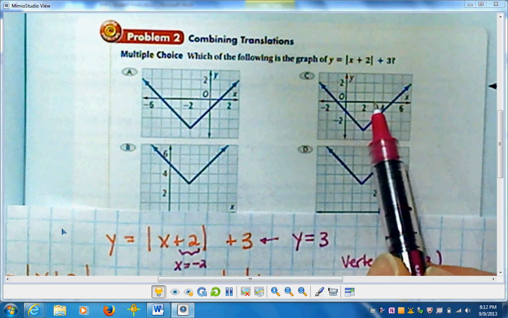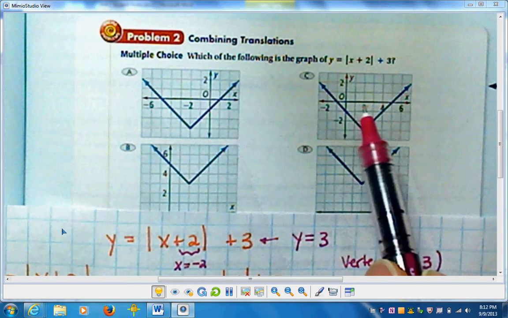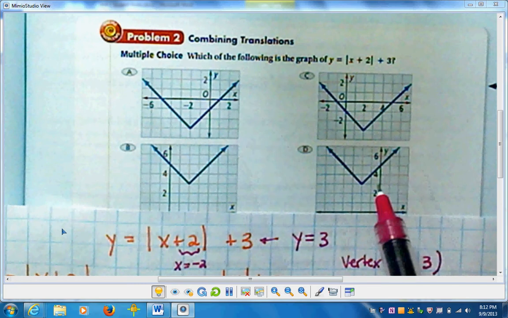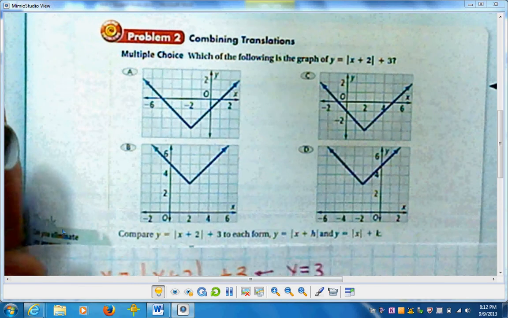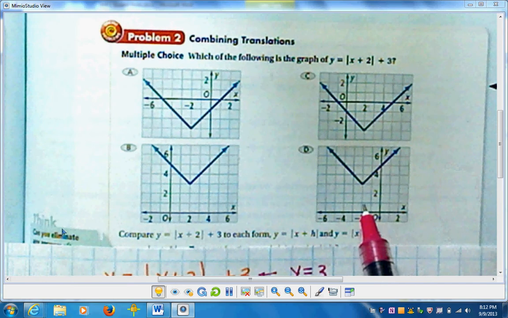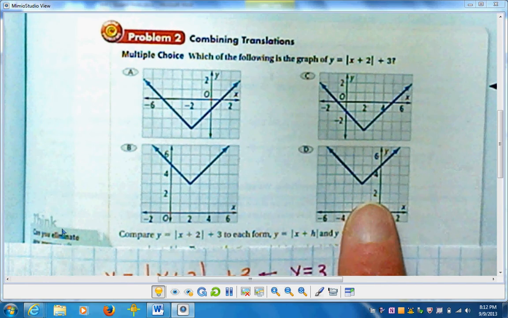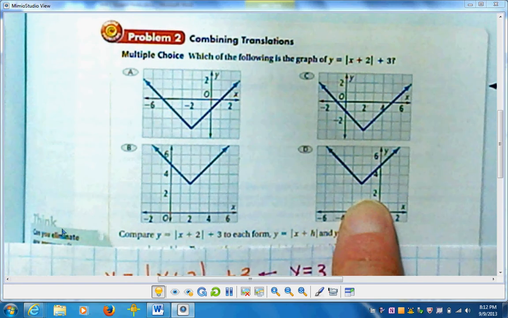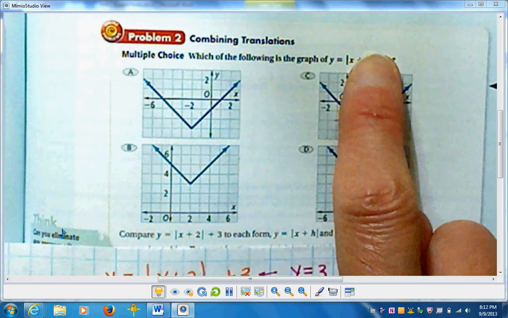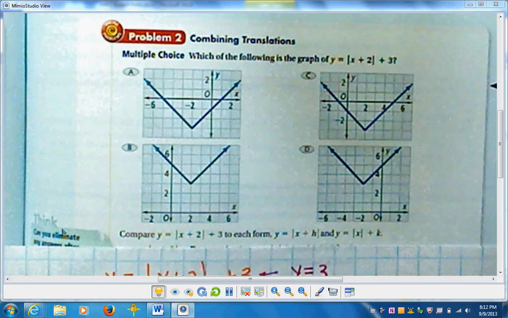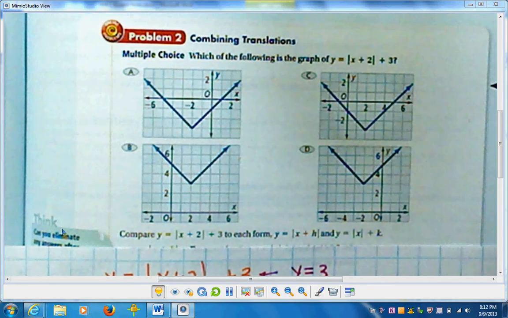This over here, well that's not it, because I want to go -2. Here I go -2, move this down a bit, 1, 2, 3. So this must be the function graph of that particular function. Now I want to show you how you can do this on the calculator.